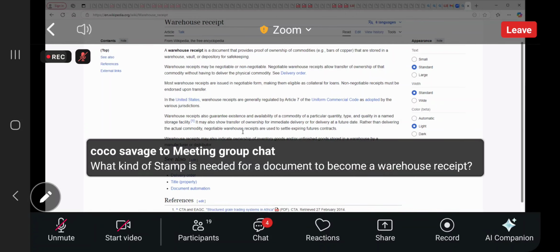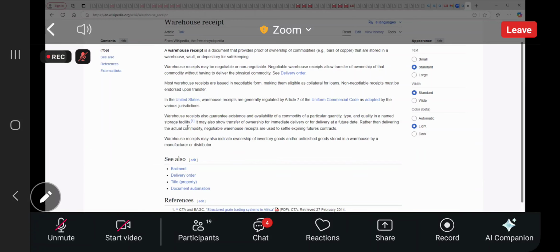The negotiable warehouse receipts are used to settle expiring future contracts. So you don't need the actual, you can send a copy of it. The warehouse receipt may also indicate ownership of inventory, goods, and unfinished goods stored in a warehouse by a manufacturer or distributor.